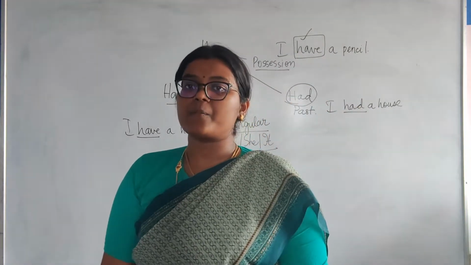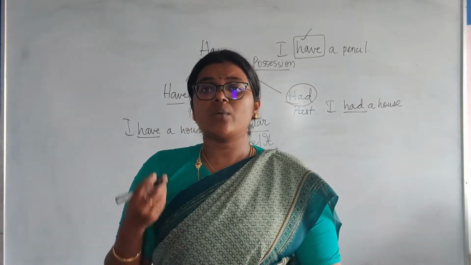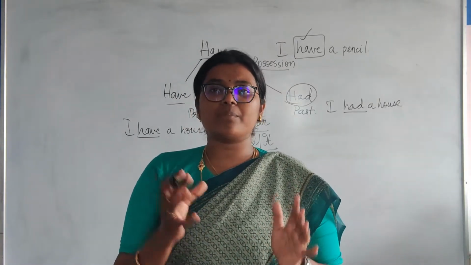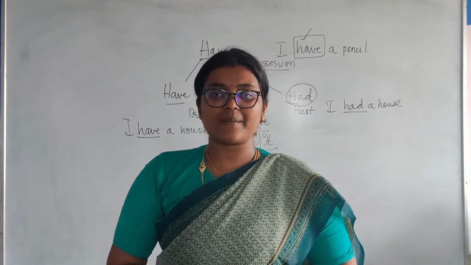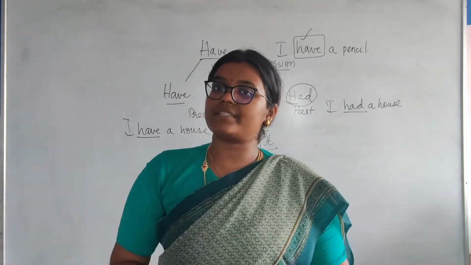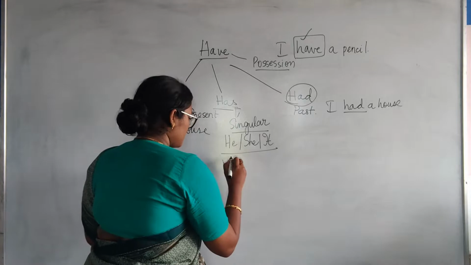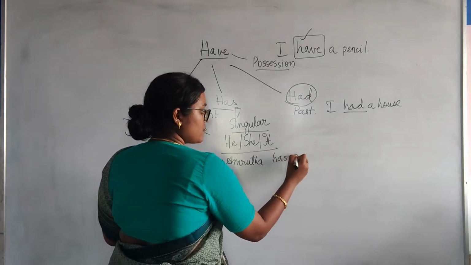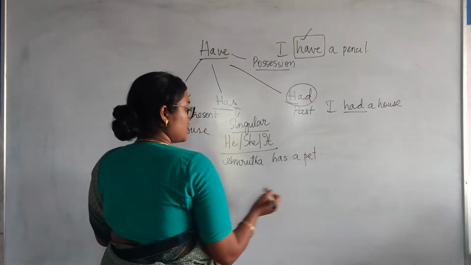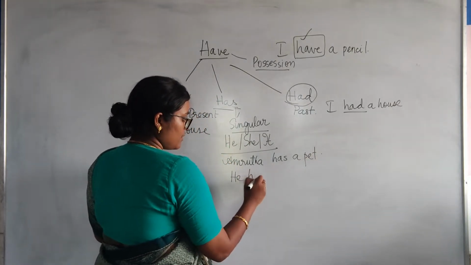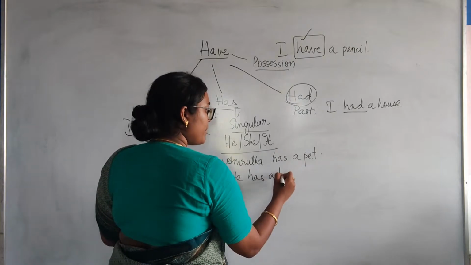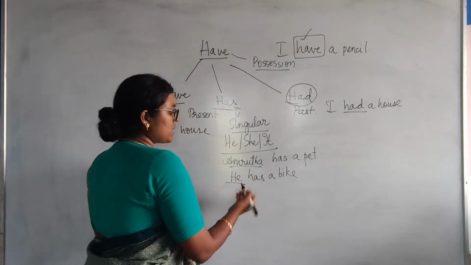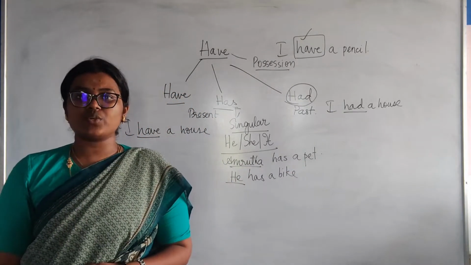He has a car. She has a bike. Now, when we use individuals or individual people, then we tend to use has. Amrita has a pet. He has a bike. Alright, so when we're talking about individuals, we generally tend to use has.